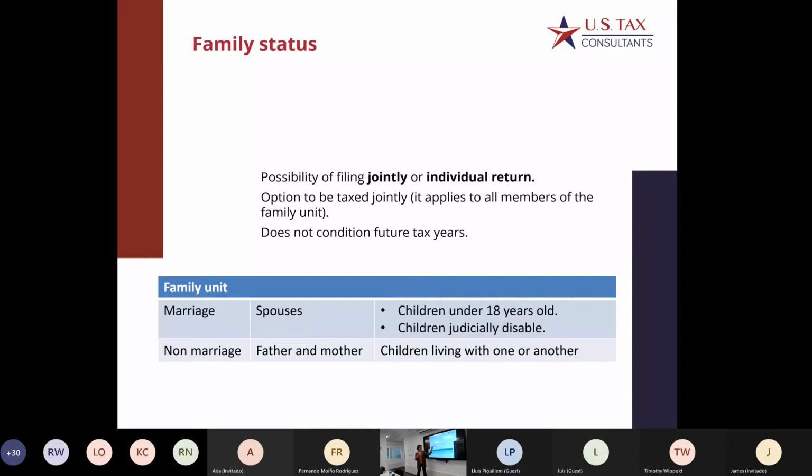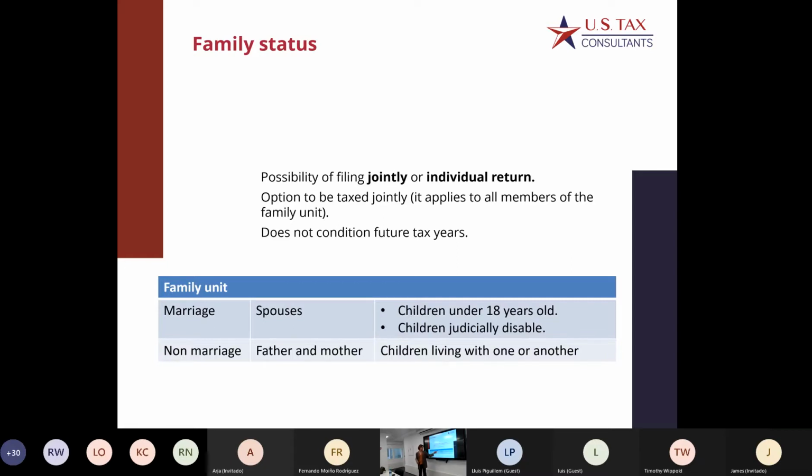Also, if your option is to be taxed jointly, it applies to all the members of the family, okay, the family unit. The family unit means in case of marriage, the spouse plus any of the children under 18.